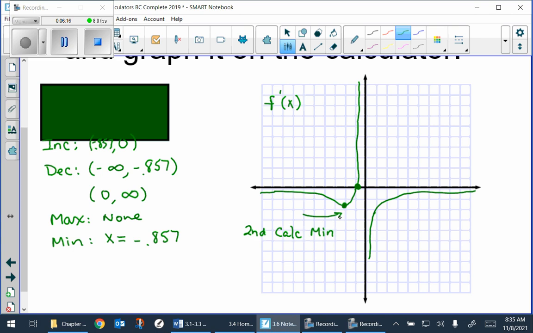So what is that x value? Negative 1.286, you said? Okay. Do we have a lot of people coming up with that? So it looks like our slope is positive from there all the way until 0.